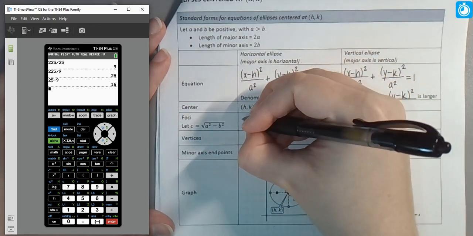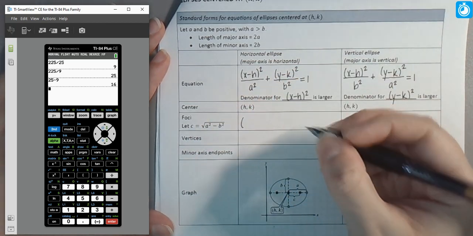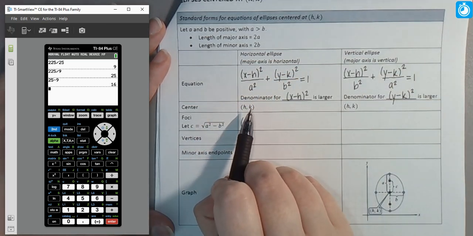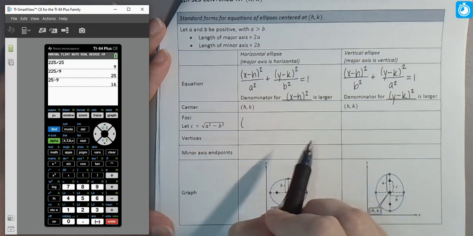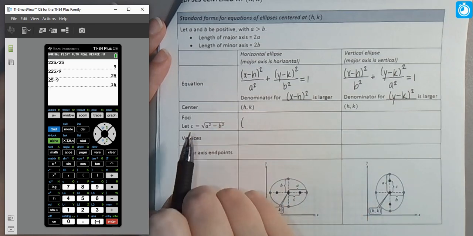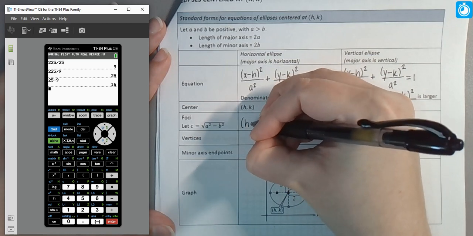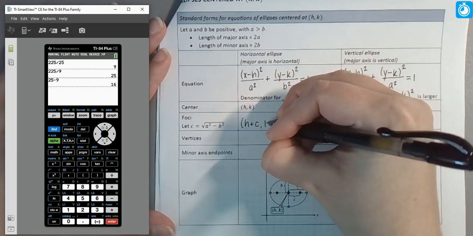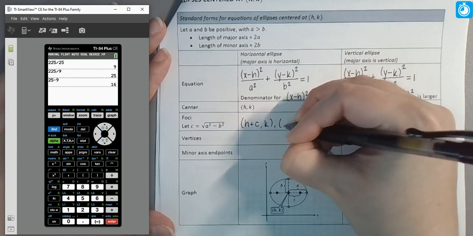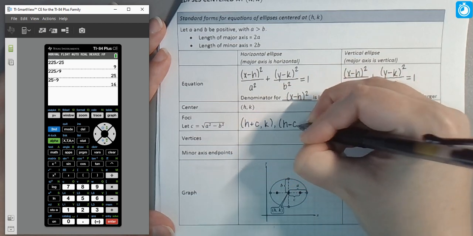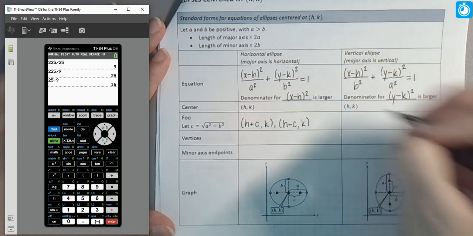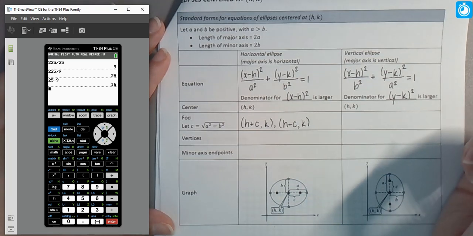So that means the coordinates for our foci, again, we're going to hold the y value constant because we're just moving right and left, and we're moving right and left from h by C units. So h plus C, comma k, and h minus C, comma k. Those are going to be our coordinates.